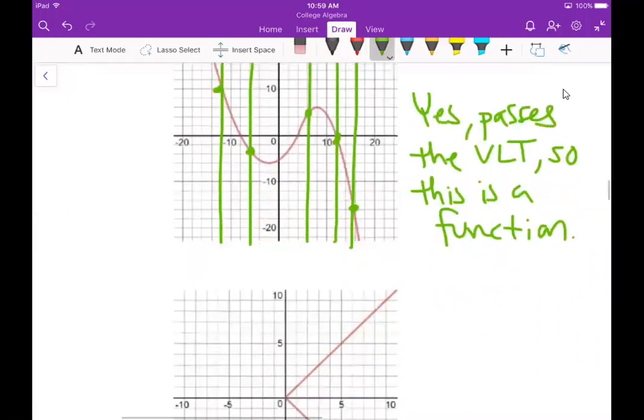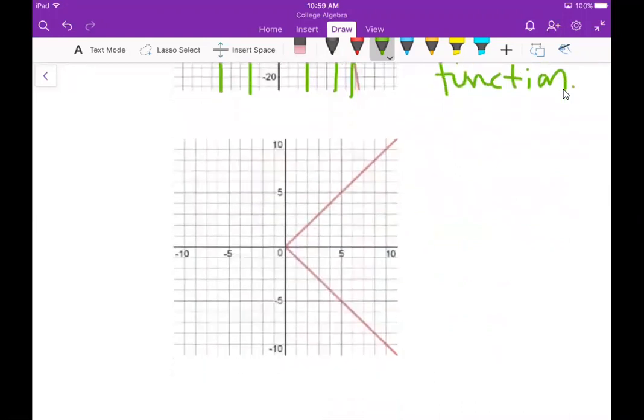So just to make sure we're understanding this, this would not represent a function, because if I draw a vertical line right here, and all I need to find is one, it passes through twice. So that means my input, if I pick an x value of 5, I don't know whether to go to this output or this output. So I failed the vertical line test.